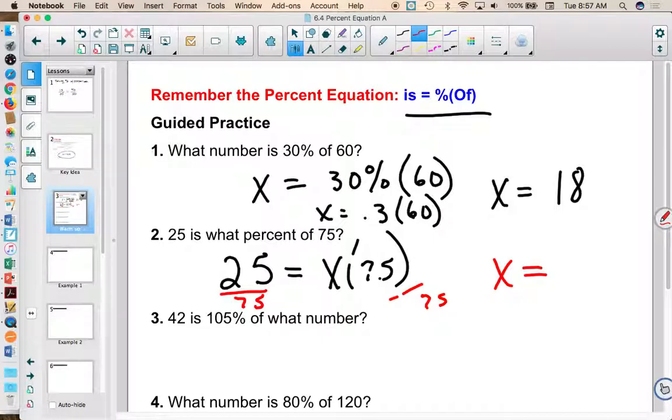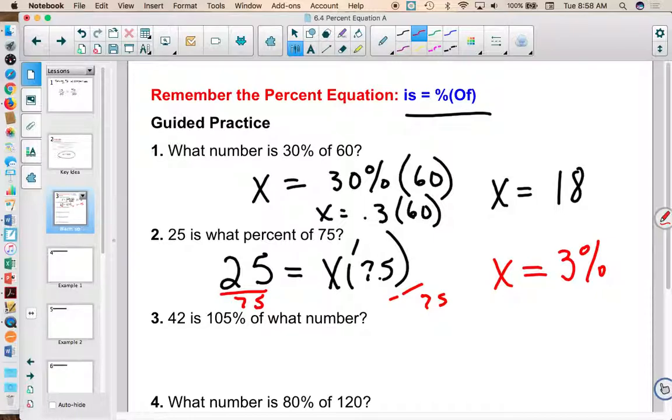All right, so what's the answer on number 2? Zoe? 3 what though? 3%. You've got to look back and see what x was, and x was a percentage, so I have to have my percent symbol there.